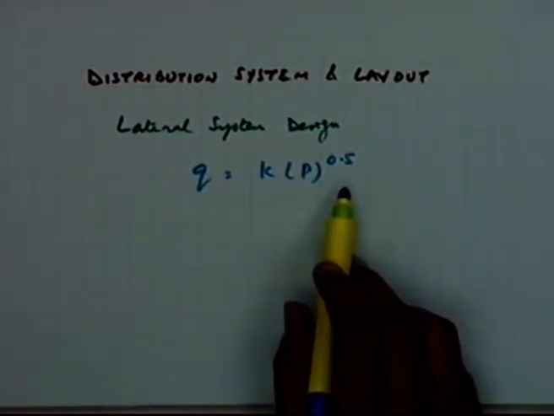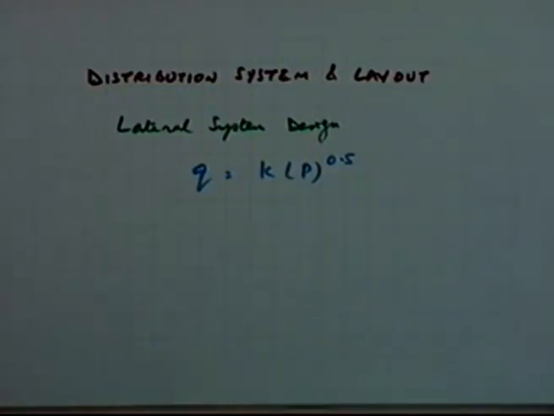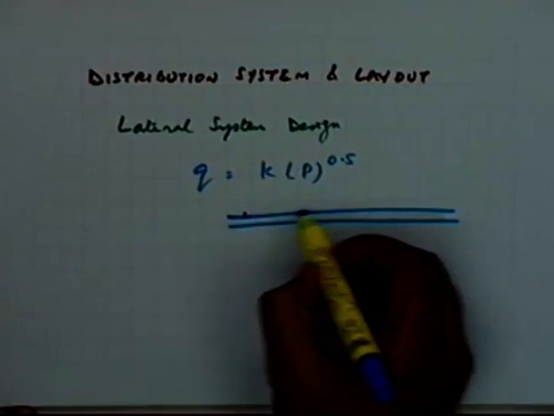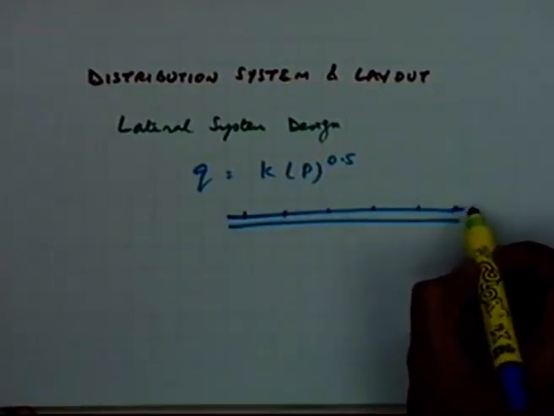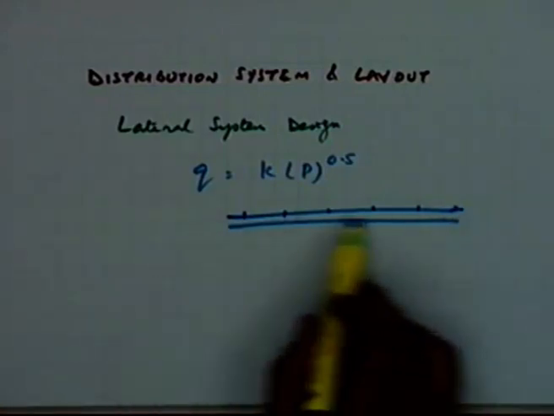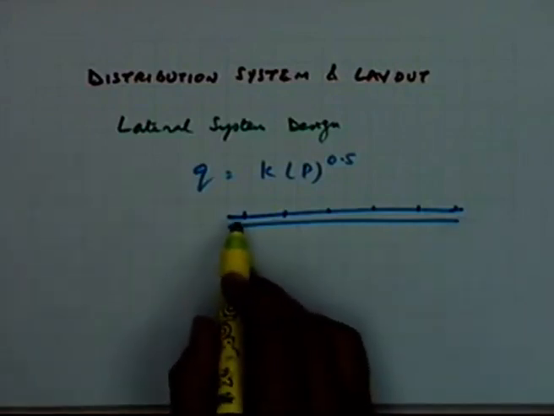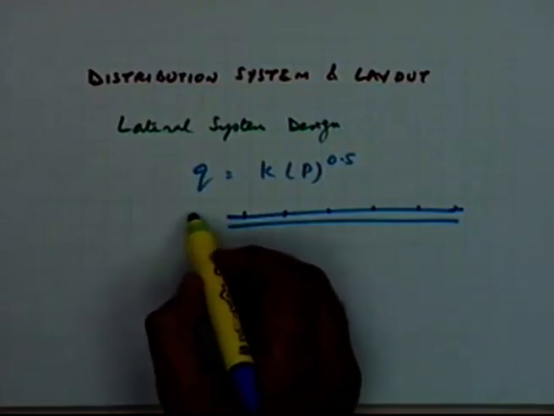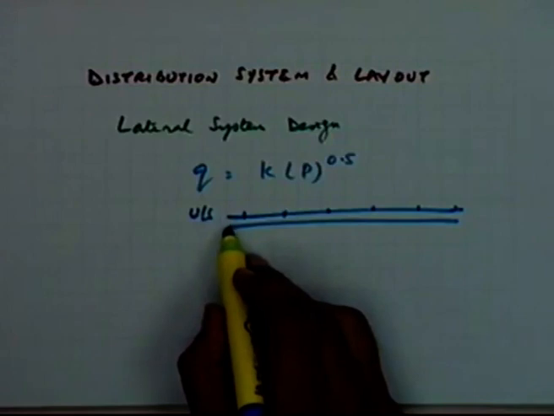The discharge does vary. When you are taking one lateral, you might be having many sprinkler heads on that lateral. If there is one lateral, you might have a sprinkler head here, and you have a series of those sprinkler heads. Now, if this is the upstream end of the lateral, what is happening?